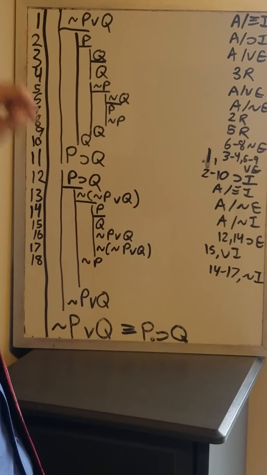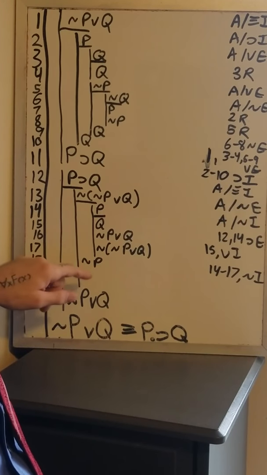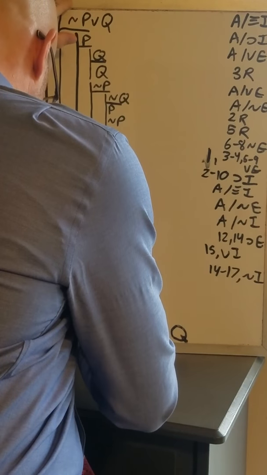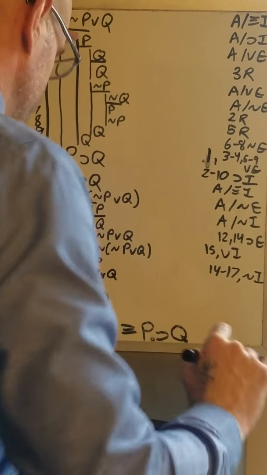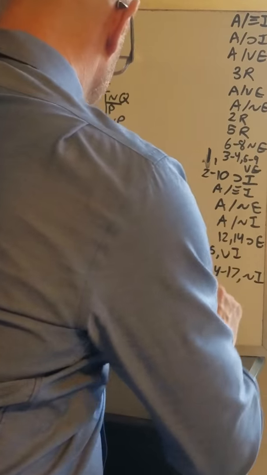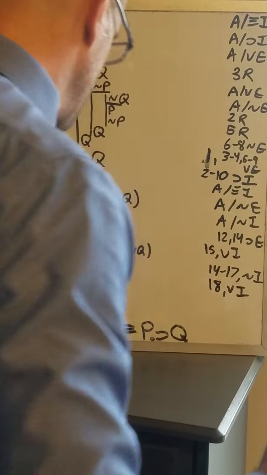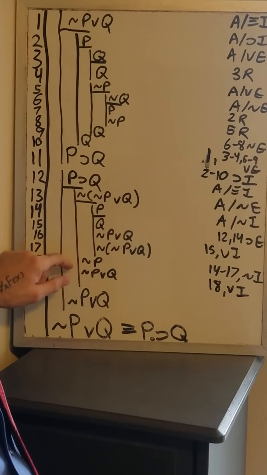So what you can do now is essentially do the same thing we did inside of the subderivation, and we'll use disjunction introduction to get not P or Q. So that's just disjunction introduction on line 18. And now we're going to reiterate line 13 down into here, so we have a contradiction.